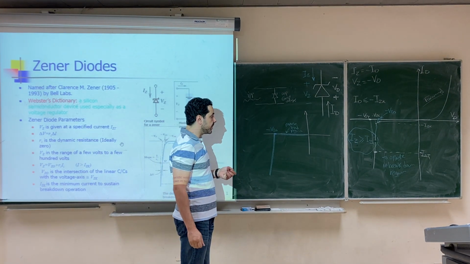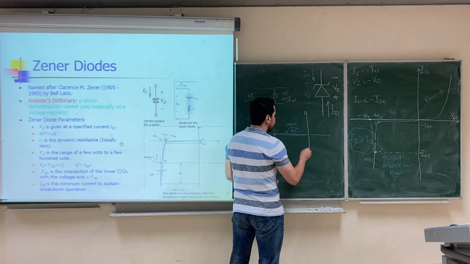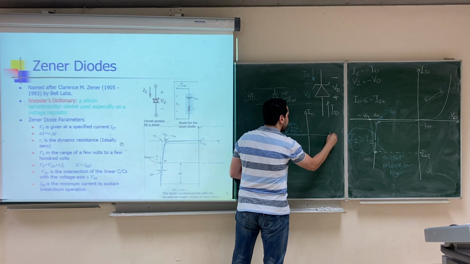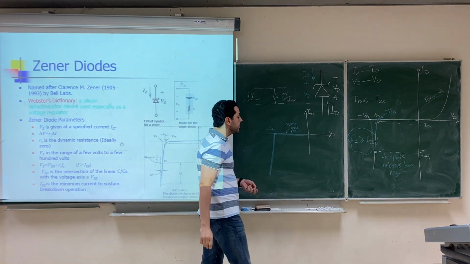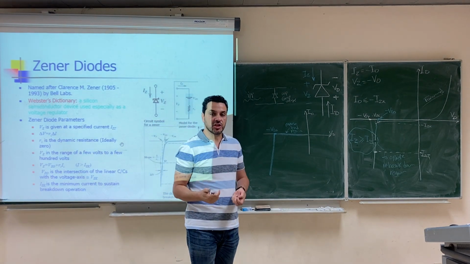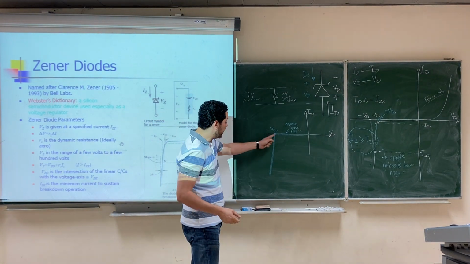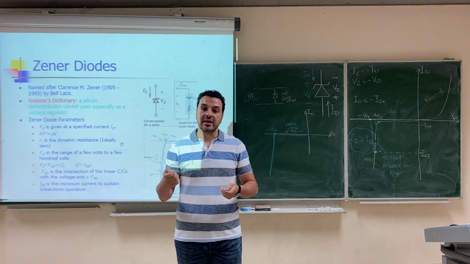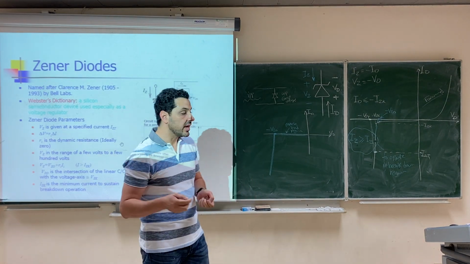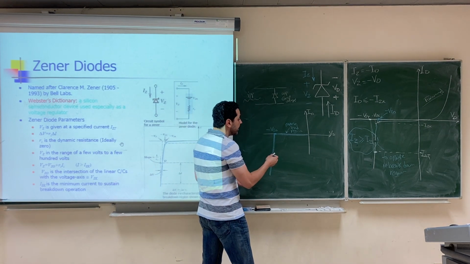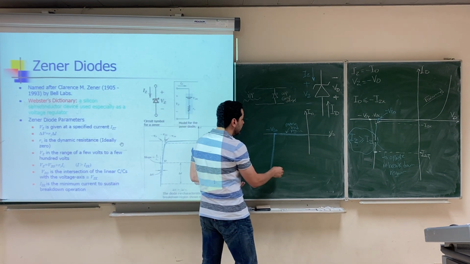Of course, since this is I diode, this is V diode, we can model the relation now between the current and the voltage of the diode. Since we have a linear relation between them, we can model it using a resistance. But a resistance gives you a linear relation that passes through zero.